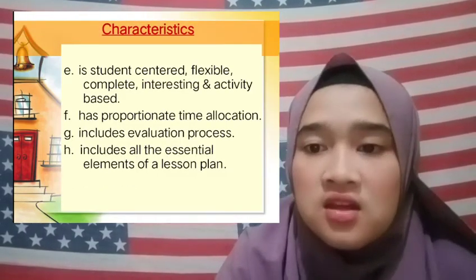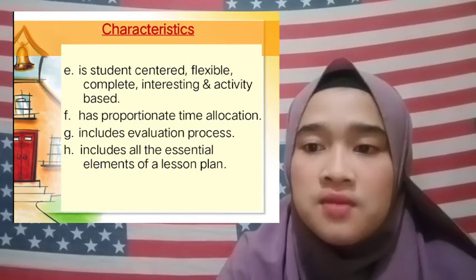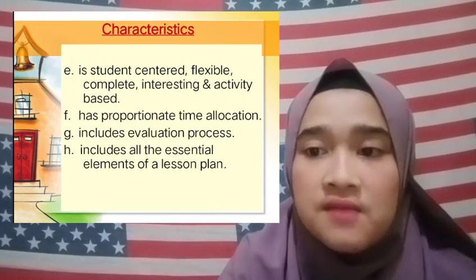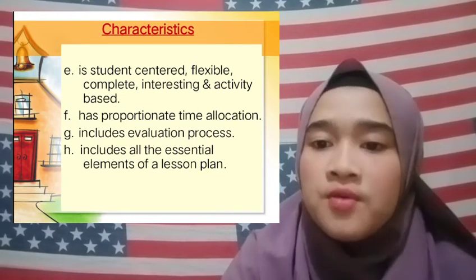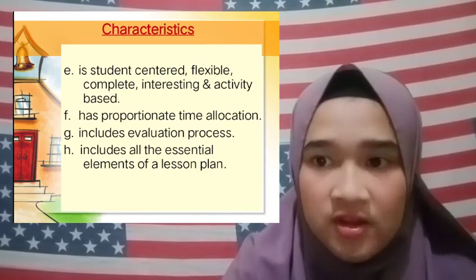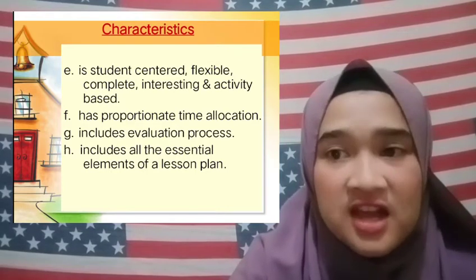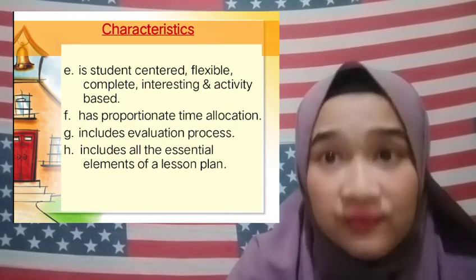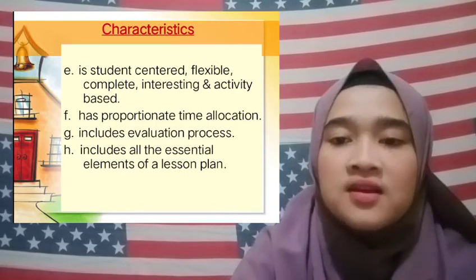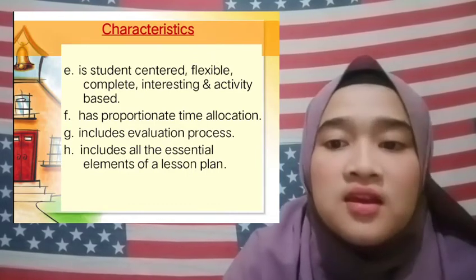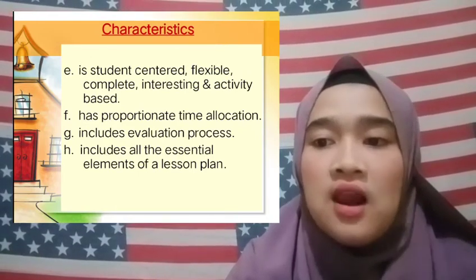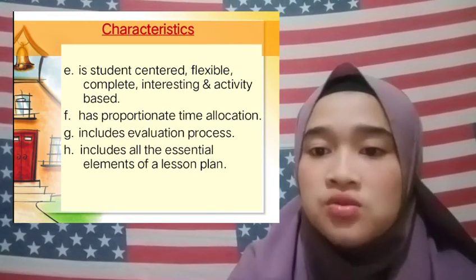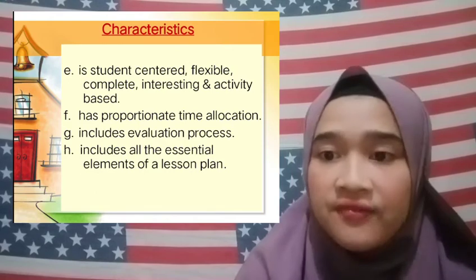Next is student-centered, flexible, complete, interesting, and activity-based. Has proportionate time allocation. For example, 5 minutes for discussion, 40 minutes for lecturing. Next, includes evaluation process. A good lesson plan must have a suitable plan for self-criticism.